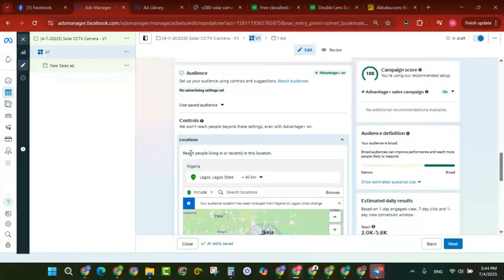Maybe people who just came to Lagos and are back in Kano or Ekiti or Abuja, and you are only selling to Lagos. Those people are still going to see your ad, and when they order your product, you might not be able to deliver if you only deliver to Lagos. In fact, the last time we tested this, we got more orders outside Lagos than in Lagos.